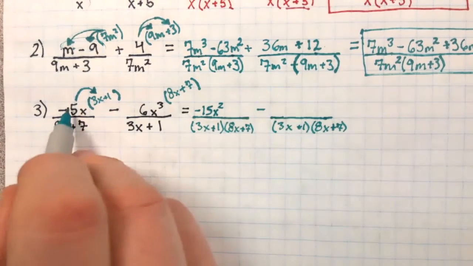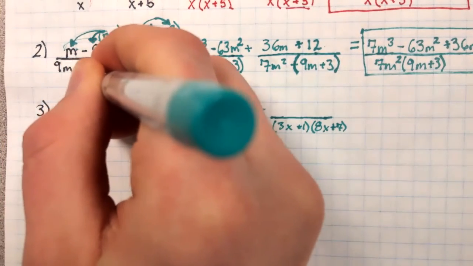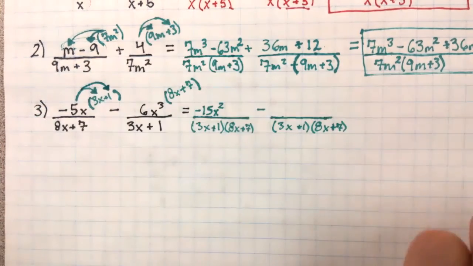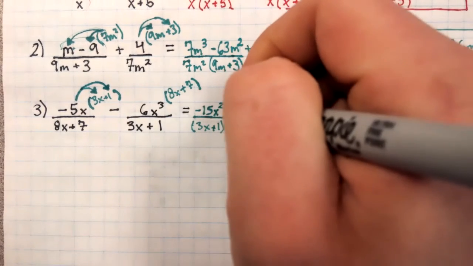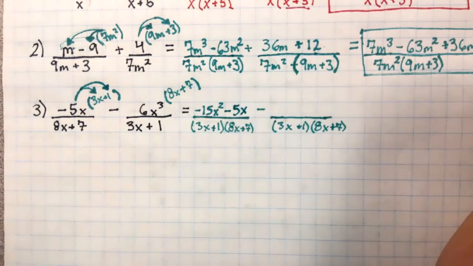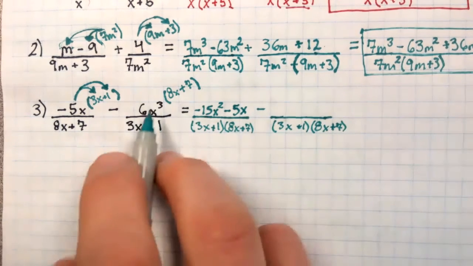Okay, and then I also have to distribute to this other term. So I'll do negative 5 times positive 1 to get negative 5x. Fantastic. Have I screwed up yet? I don't think so.